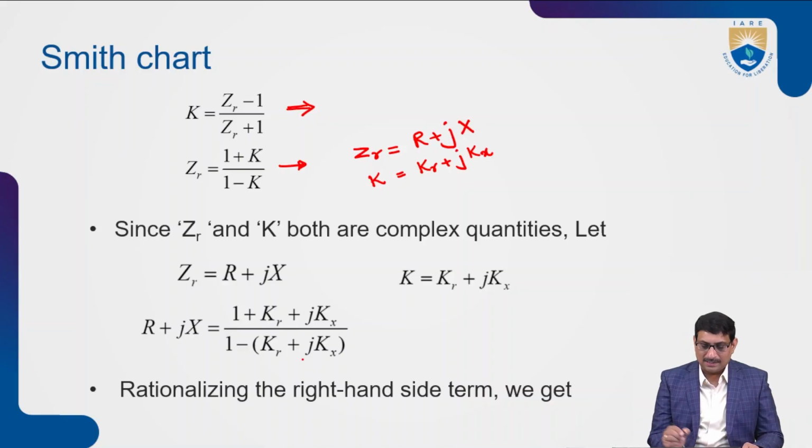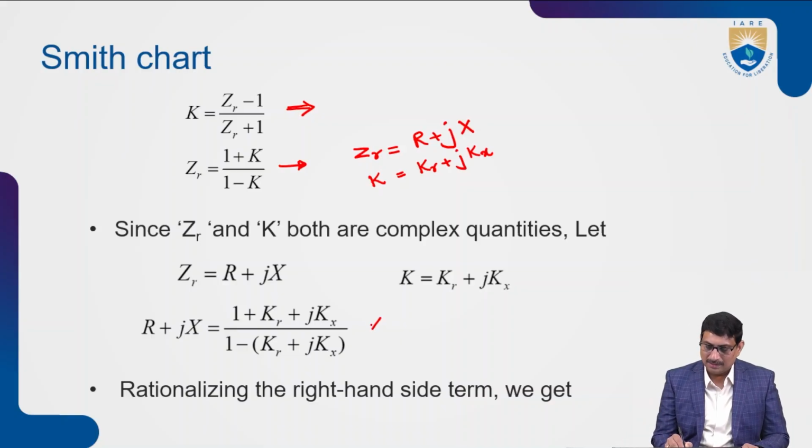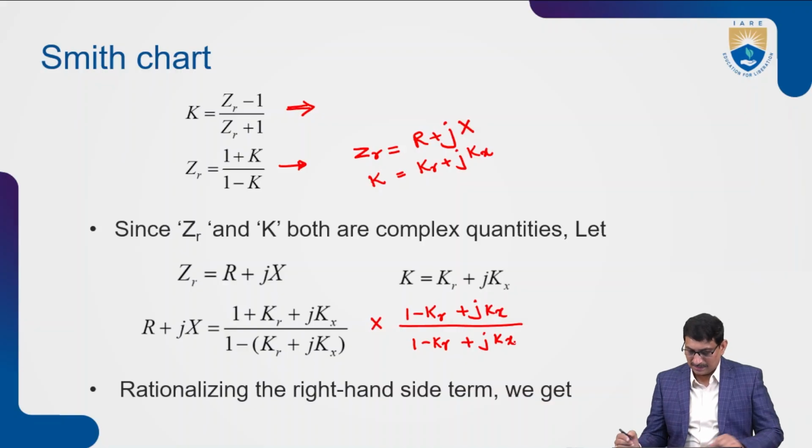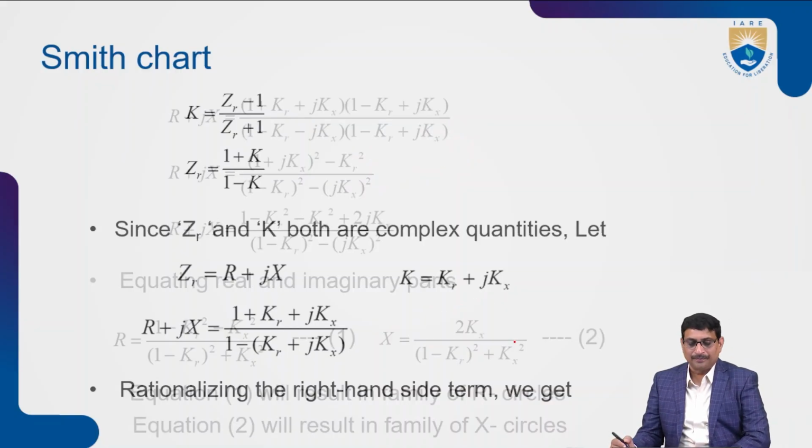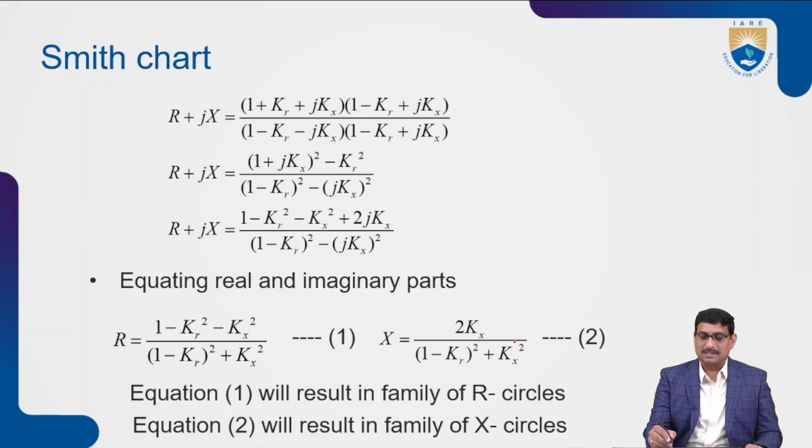To get the right hand side in terms of real and imaginary parts, I am rationalizing this equation, multiplying both numerator and denominator by the term 1 minus Kr plus jKx. Rationalizing with this term, we get this expression.